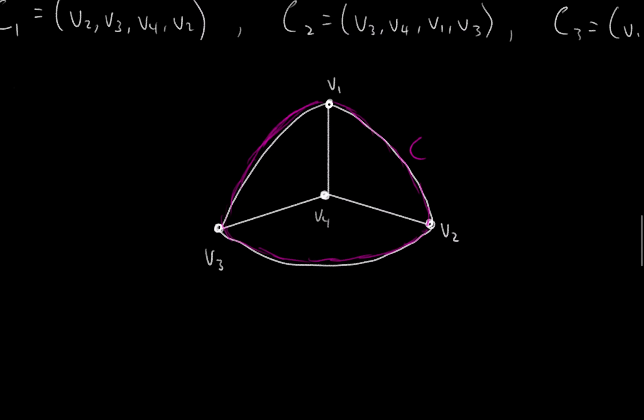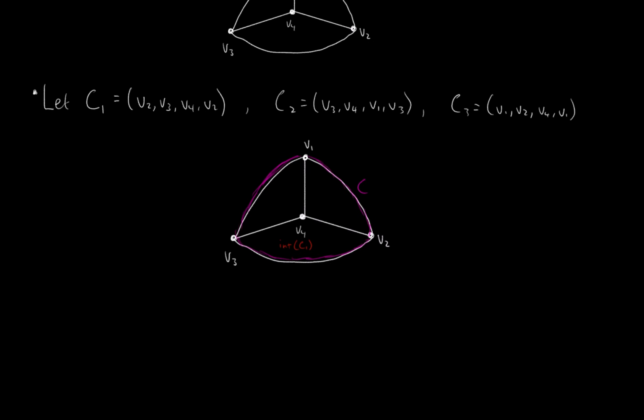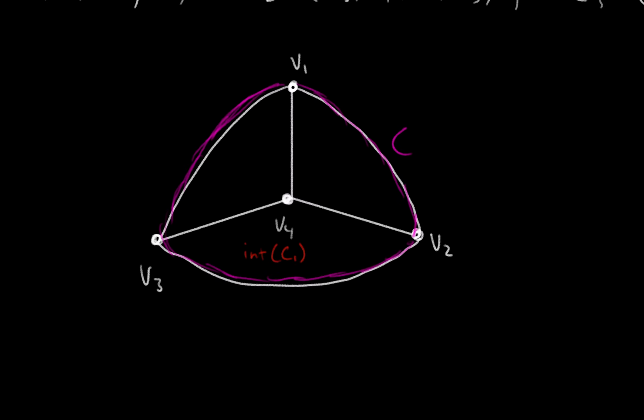So let's call this bit the interior of C1. And you do that with C2 and C3. You'll find that this is the interior of C2 because it opposes that vertex. The interior of C3 opposes this vertex.